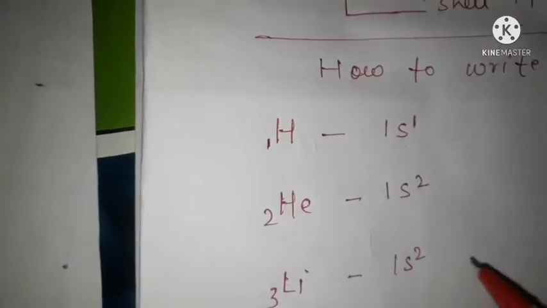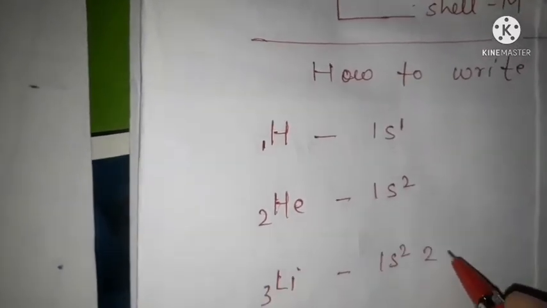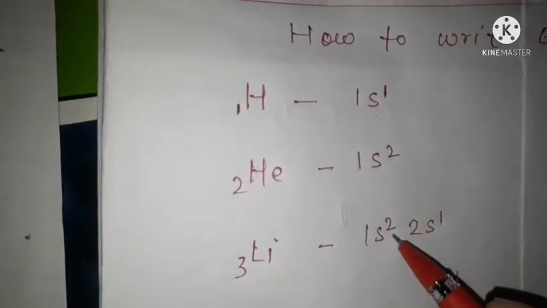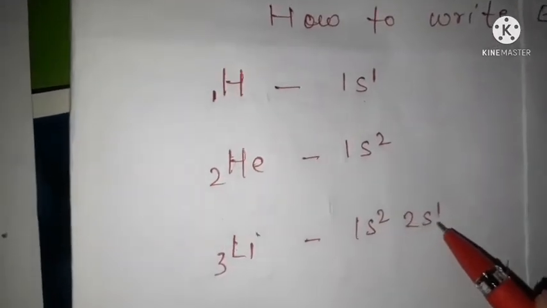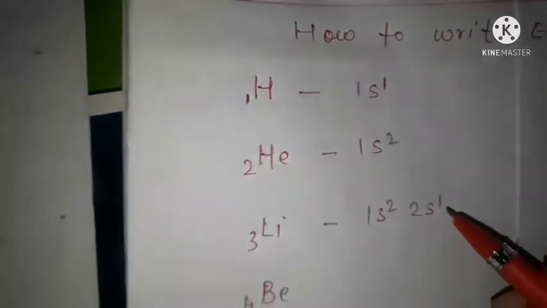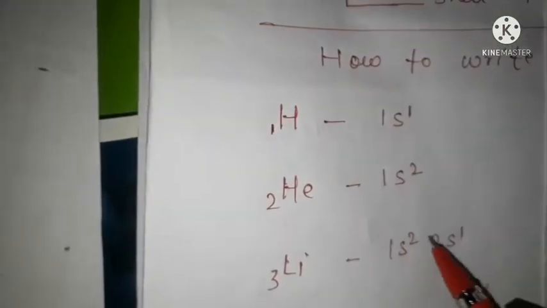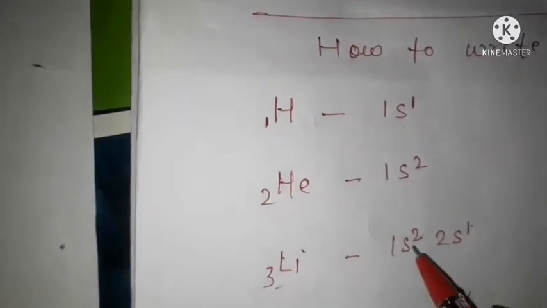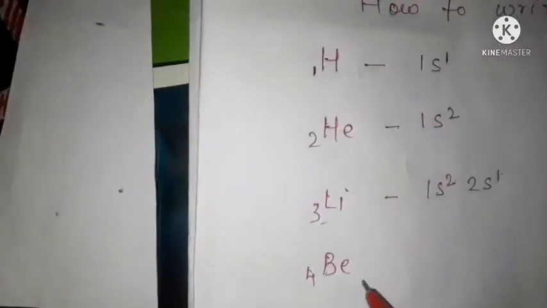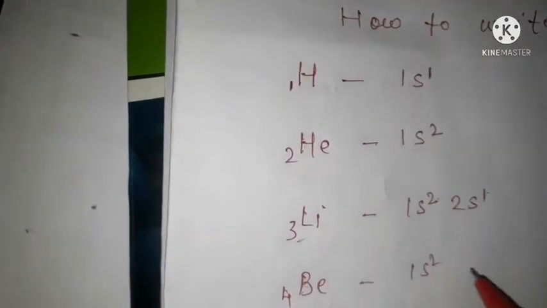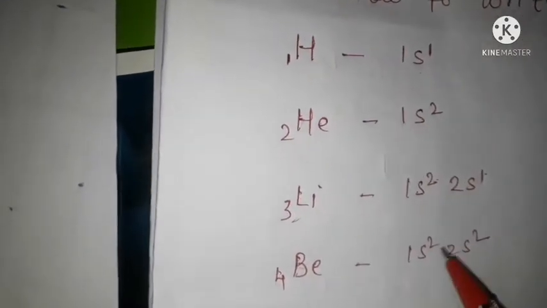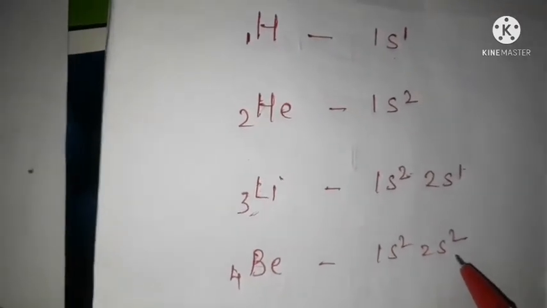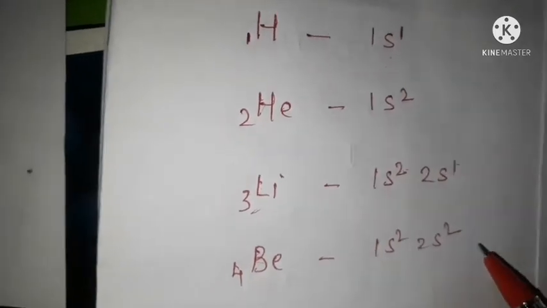Then we use the next subcell, 2s1: after filling the maximum of 2 electrons, we fill 2s. 1s2, 2s1, 2 plus 1, 3. Now in beryllium we write 1s2, 2s2, in which 1s2 has 2 electrons and 2s2 has 2 electrons.